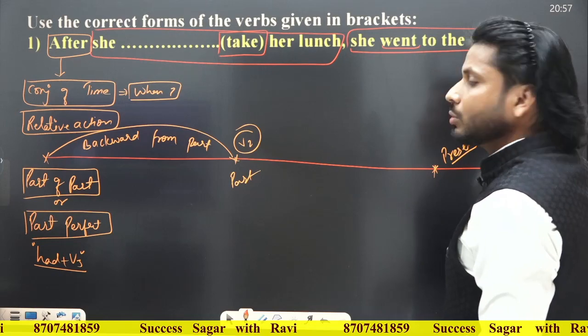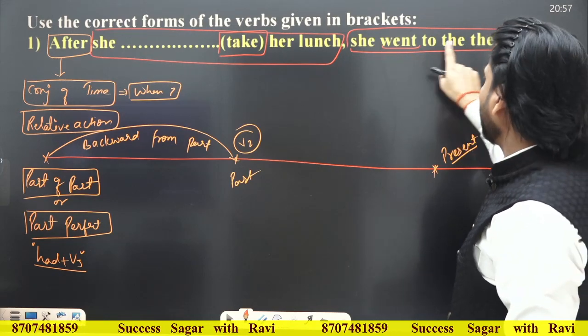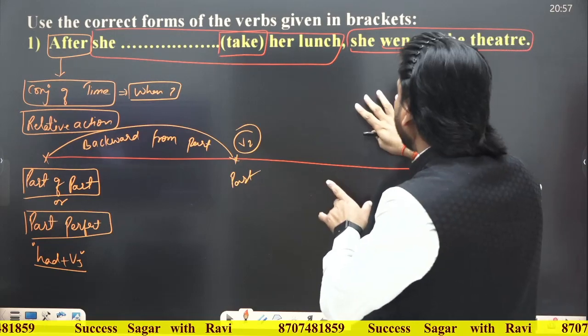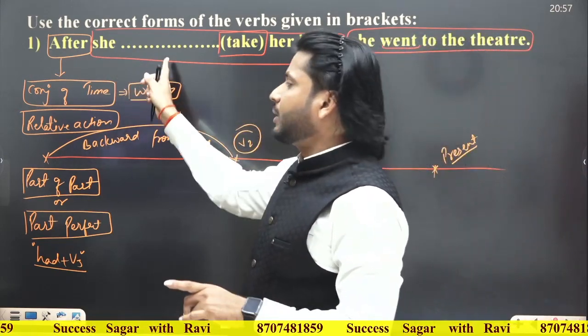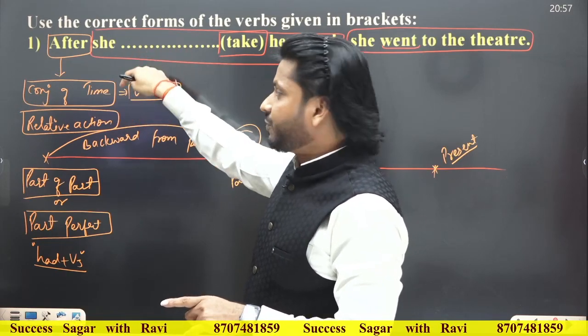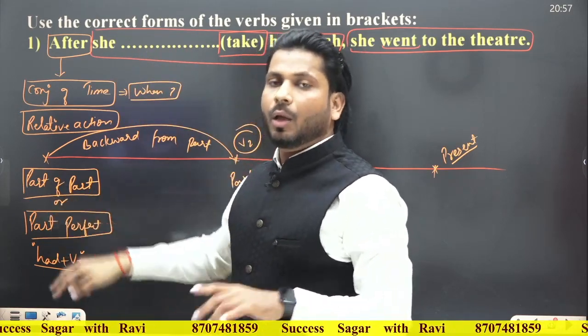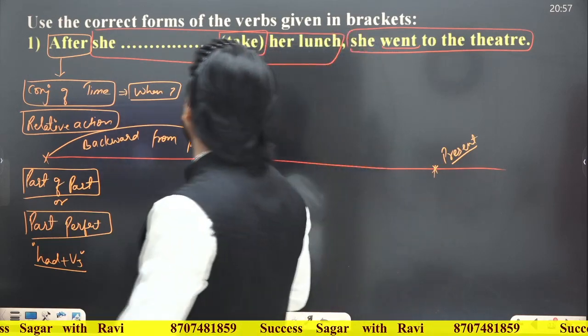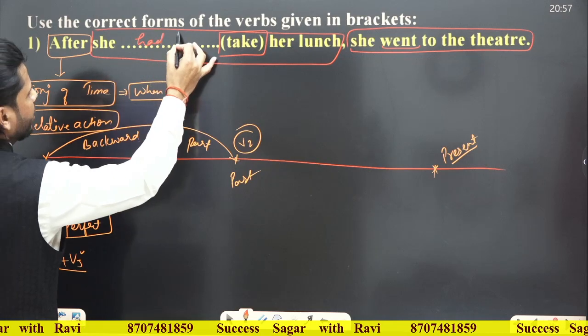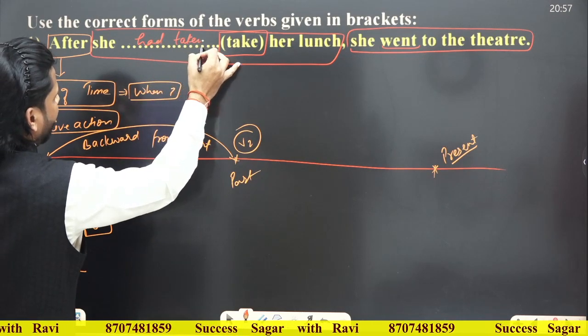She went to the theater. When did she go to the theater? After this one. After this one, it means this took place first. If this took place first, it will be here. If it will be here, we'll have to use past perfect tense. So the correct form of the verb for the given sentence is had taken. Had taken. What does this mean?